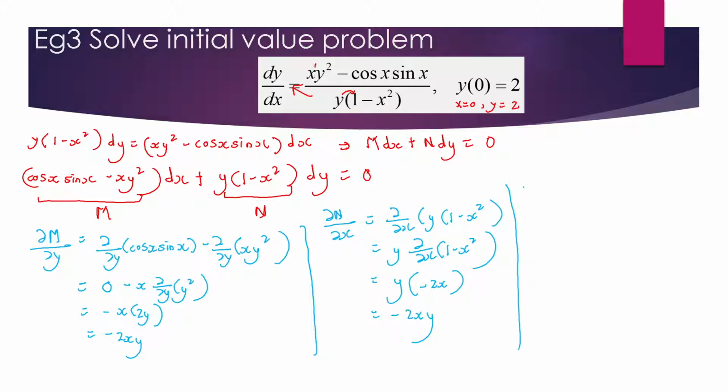So del M del y equals del N del x. Therefore, this is an exact differential equation. So in example 3, we have shown it is not separable, not homogeneous, not a linear equation, but it is an exact differential equation.